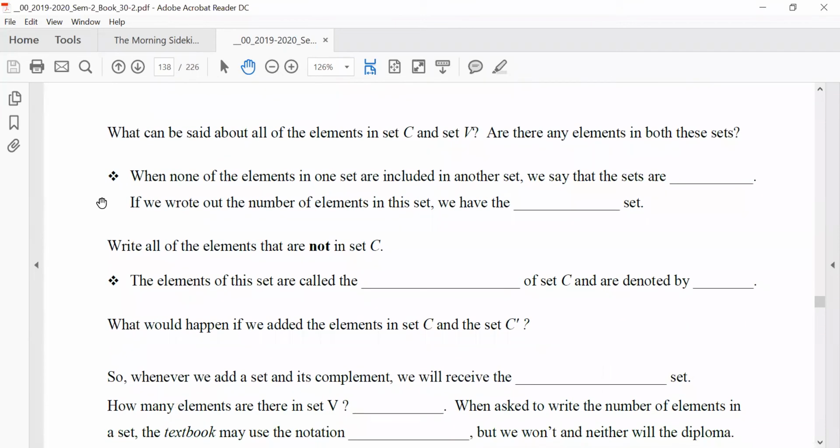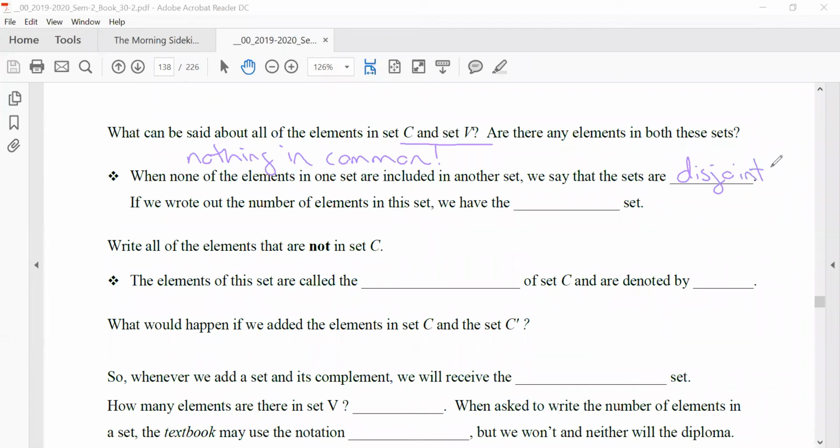Okay, now I'm going to look at C and V. It says, what can you say about the sets C and V? Do they have anything in common? Nothing in common, right? There's nothing in common. So when none of the elements in one set are included in another set, when they have nothing to do with each other, we call them disjoint.